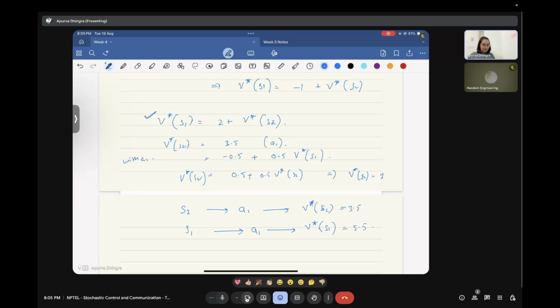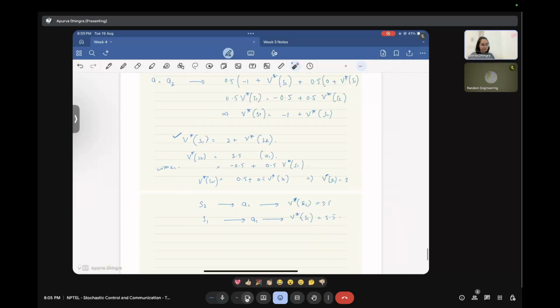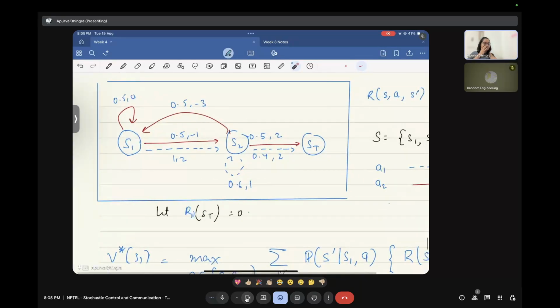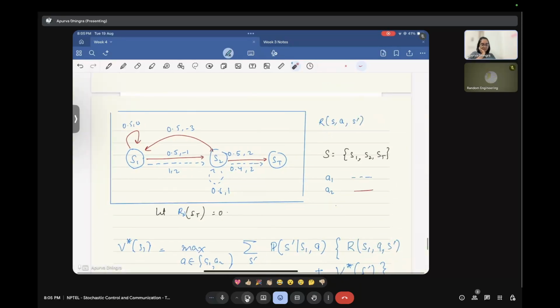And now let's try and look at the MDP itself to make sense if A1 is the probable one or not. A1 is the dashed version.